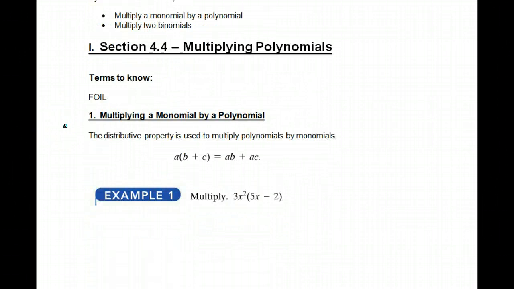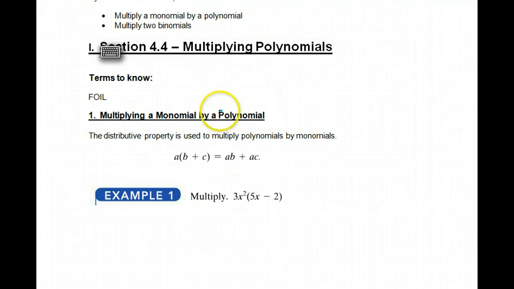The first method that we use for multiplying polynomials is to multiply a monomial by a polynomial. And you have actually done this. We just didn't use the terminology of monomial being multiplied by polynomial.